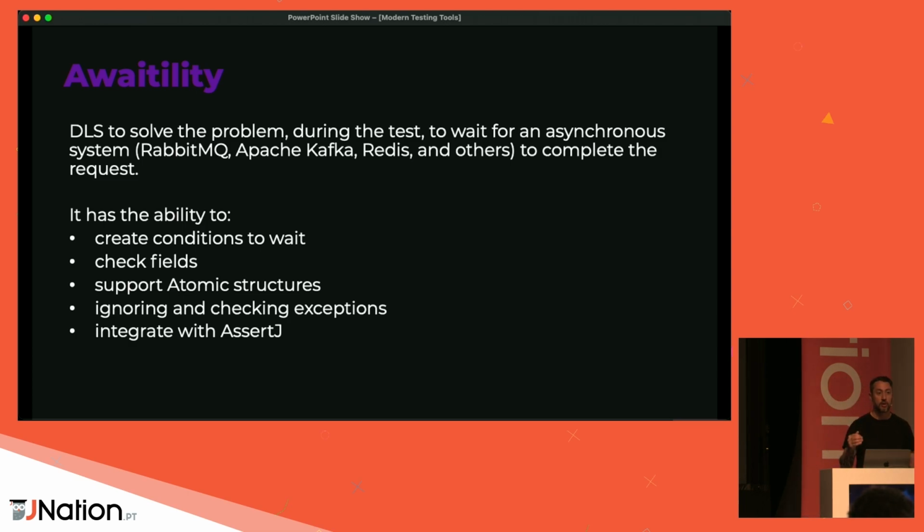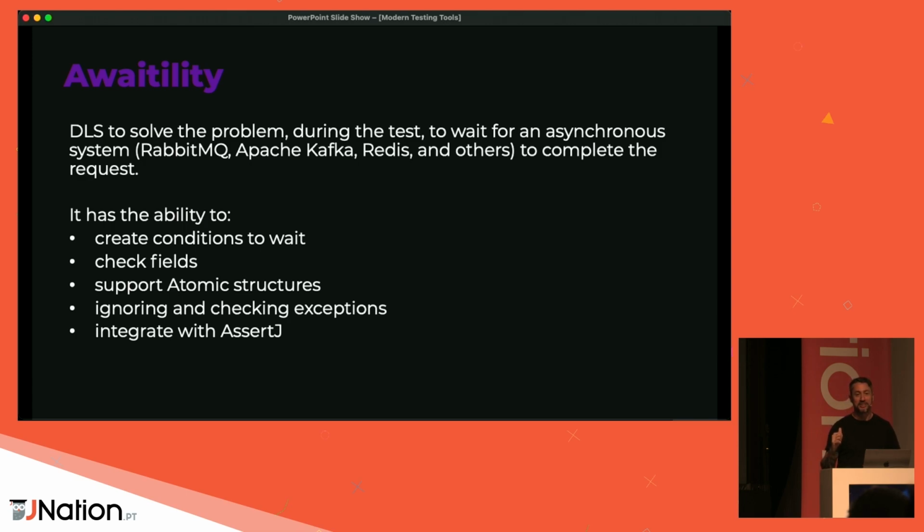If you have an asynchronous call, our utility will solve it, in a lot of different ways. You can wait for any kind of conditions, checking fields, it supports atomics, it can ignore exceptions, and it has support for AssertJ.